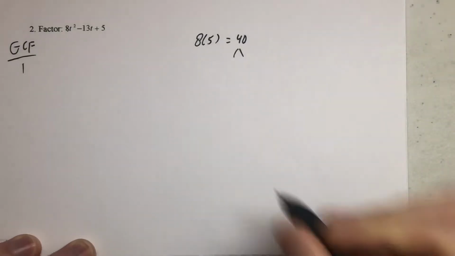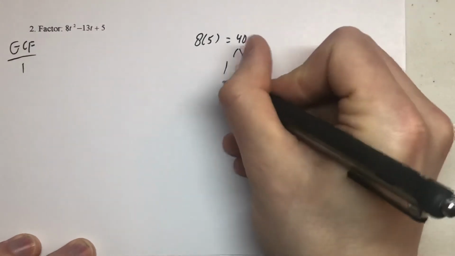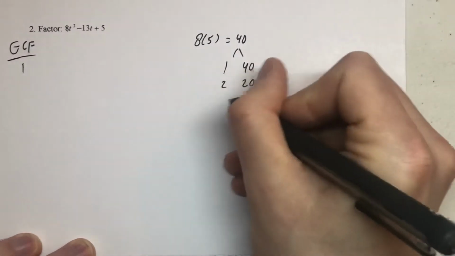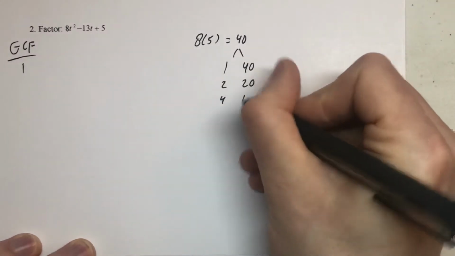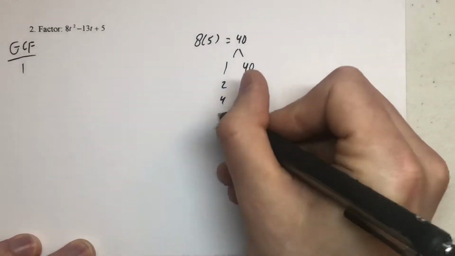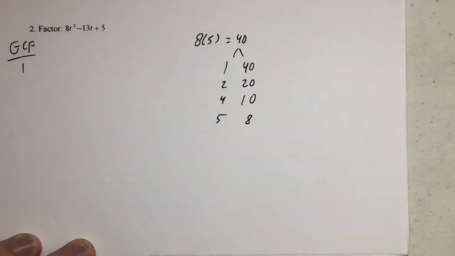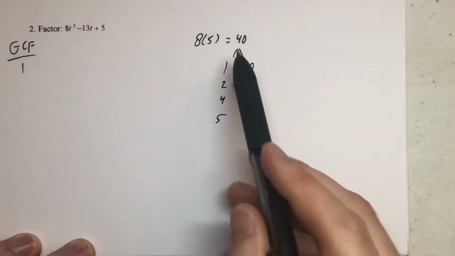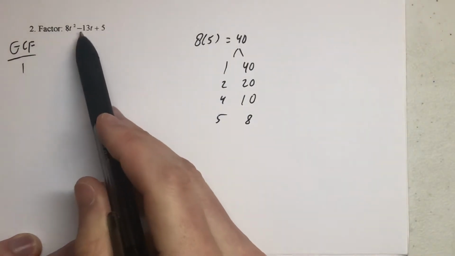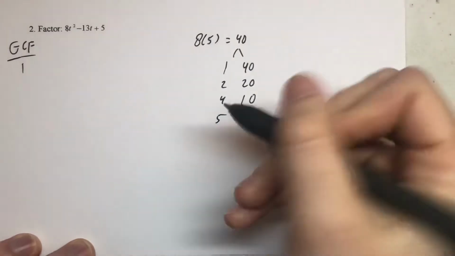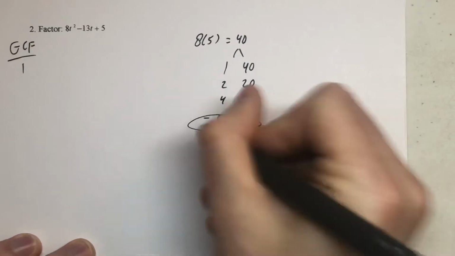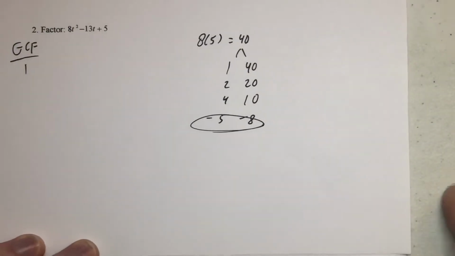Then we look for the factors of 40. 1 and 40, 2 and 20, 3 and nothing, 4 and 10, 5 and 8, and 6 and nothing, and 7 and nothing, so we're done. So there's our factors of 40. We want factors that multiply to a positive 40 and add to a negative 13. Well, to do that, we need both negatives, and specifically, we would need negative 5 and negative 8.